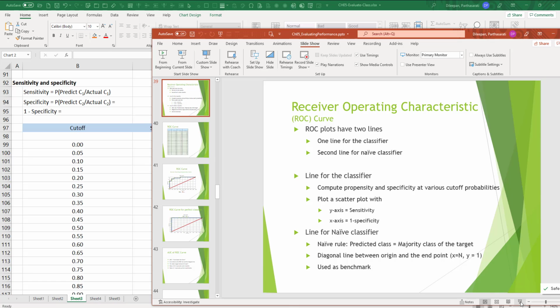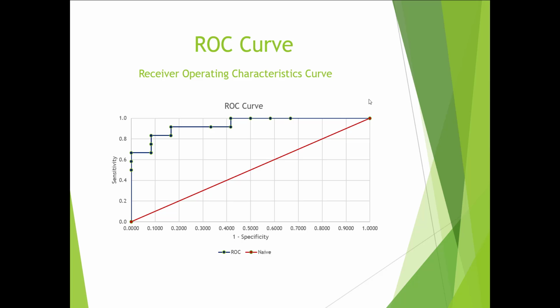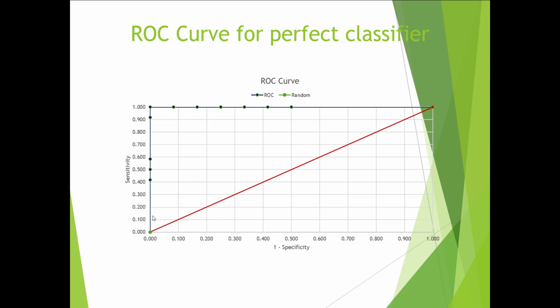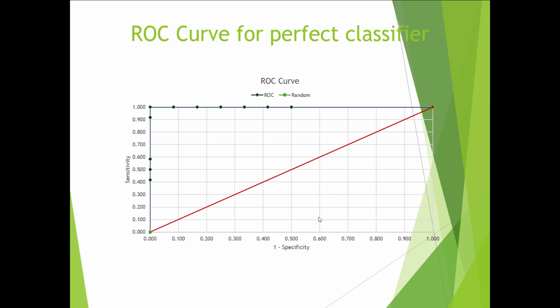So if you look at this, this is our current ROC chart. Okay, now that's your perfect ROC chart. Now the question is, how do you know how good a particular ROC chart is?